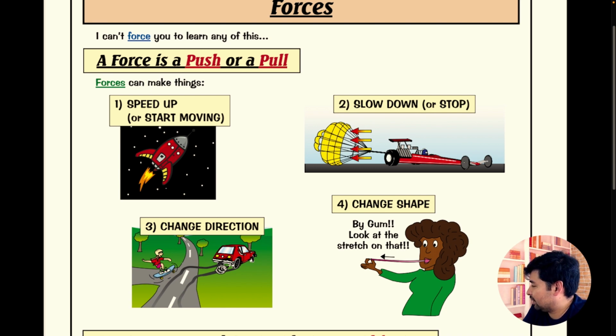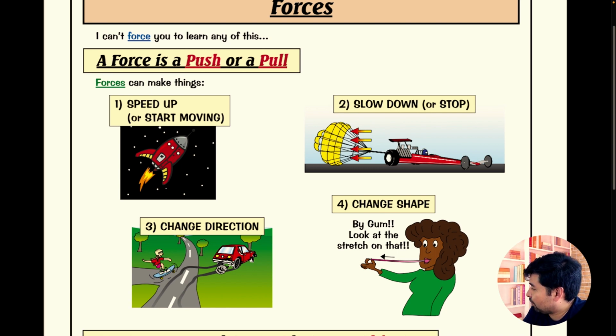We have here the example of a car, right? A very fast car, and then we have this giant parachute behind. So when you open that, of course, this force will stop the car.